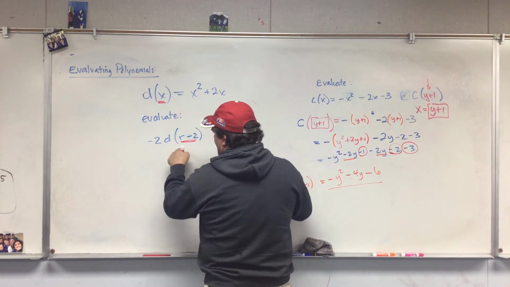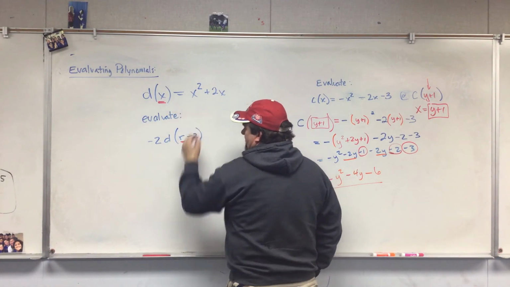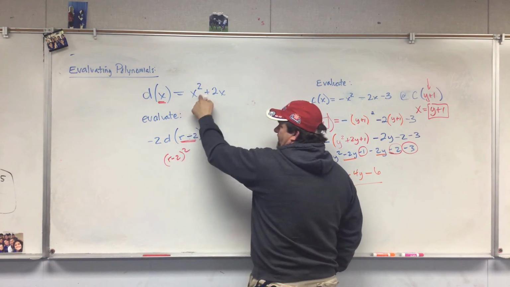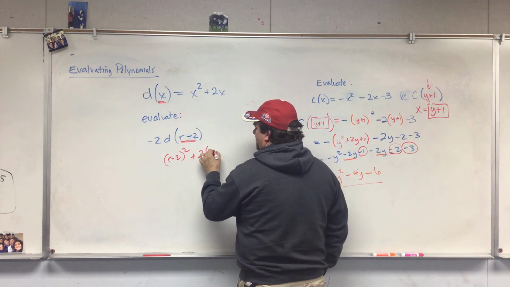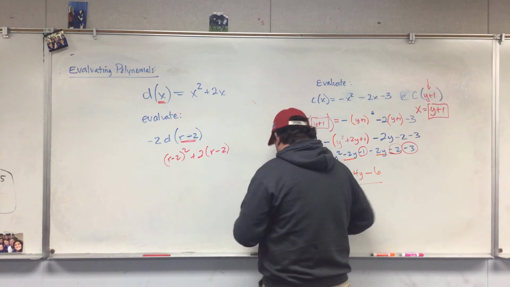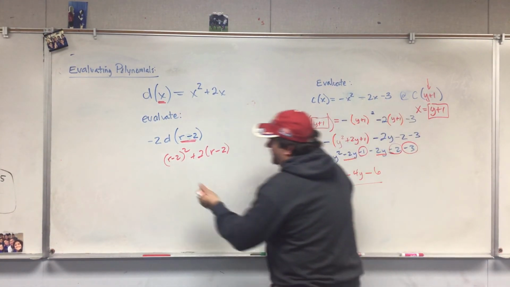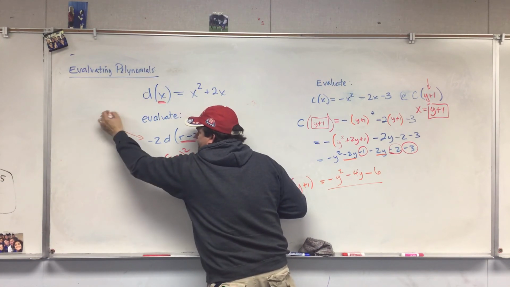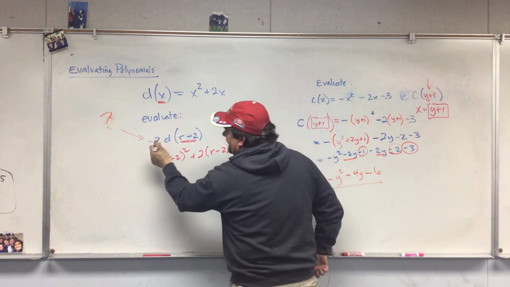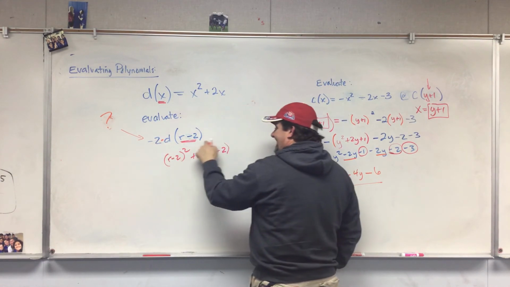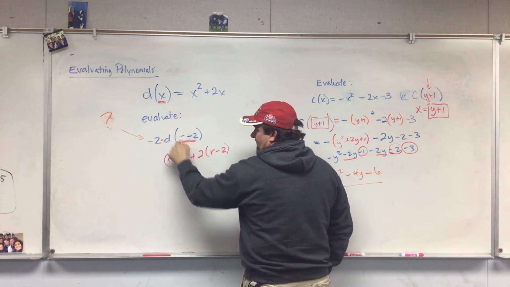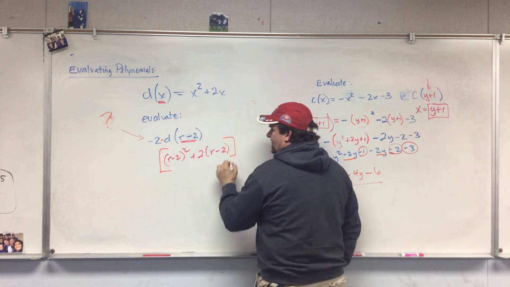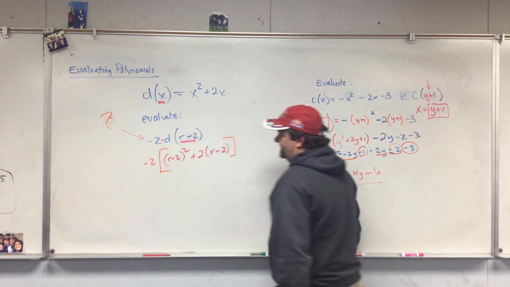So that means here I've got r minus 2 squared plus 2 times r minus 2. But what about this right here? What do I do with that? Where does that 2 go? Well, it's a negative 2 times this, d of r minus 2. Well, that means that this whole thing, when I solve it, gets multiplied by negative 2.